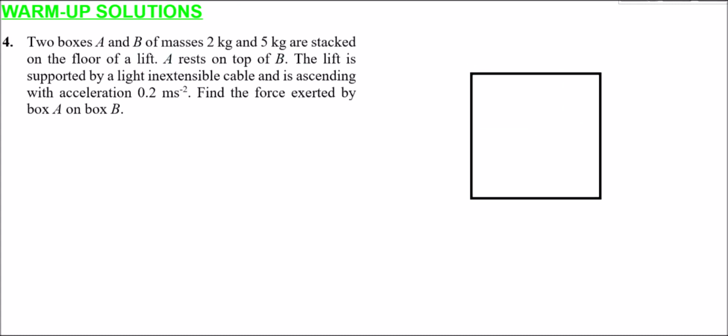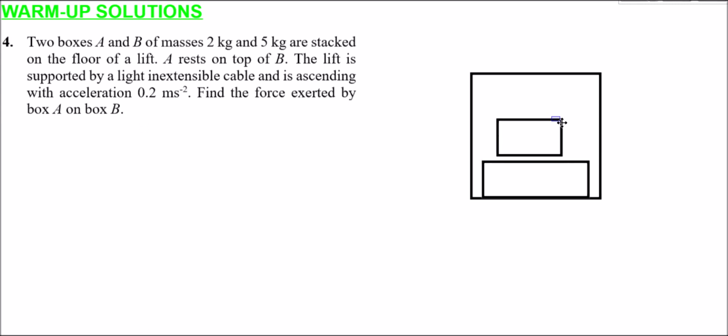Okay, so what I'm going to do here, that's my lift. I'm not the best artist, as you can see. So A is on top of B. So that's going to be my B. And then I'll do a little diagram for A, which is resting on top of B. Make it a bit smaller, actually.